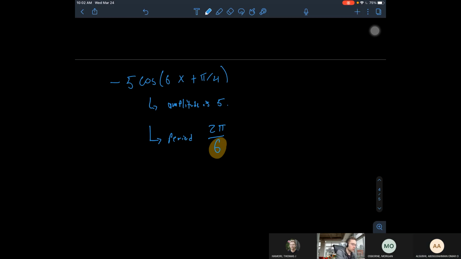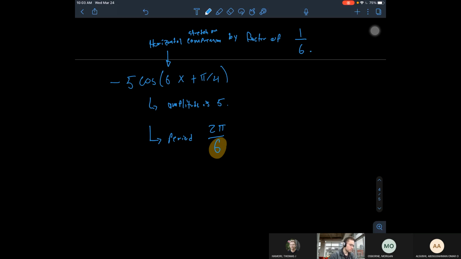All right. So the reason that happens is when we're multiplying on the inside, this gives us a horizontal stretch or compression by a factor of 1 over 6.